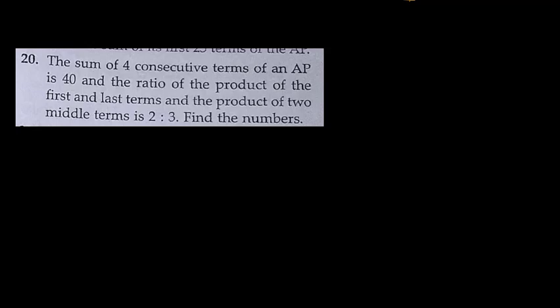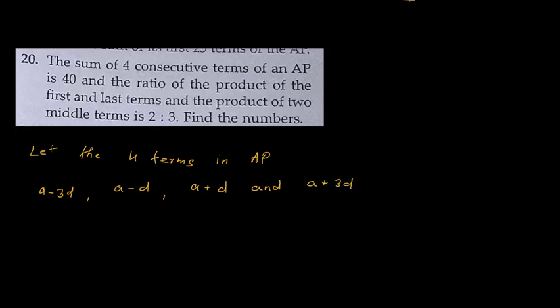So I will consider, let the 4 terms in AP be a minus 3d, a minus d, a plus d, and a plus 3d. These are the 4 terms. Now the sum of 4 consecutive terms is 40.